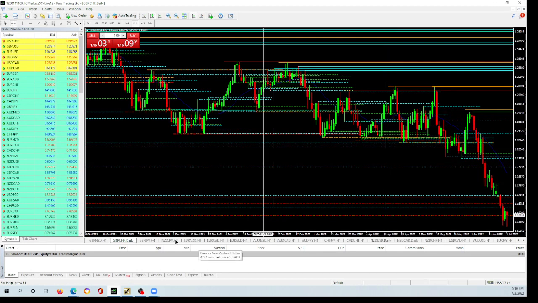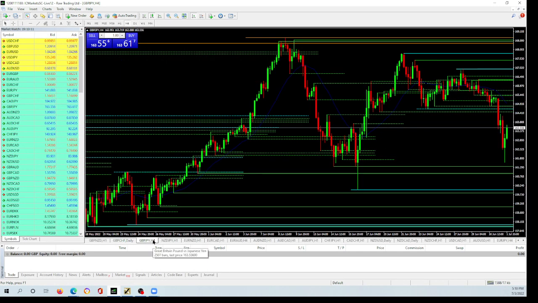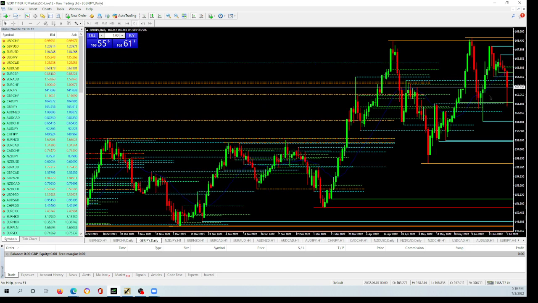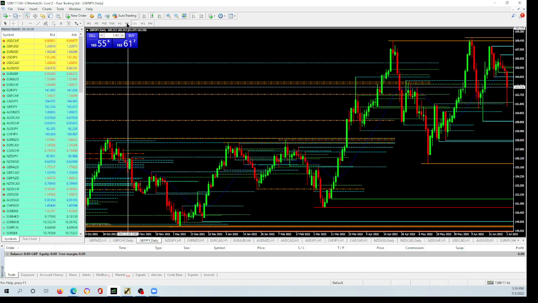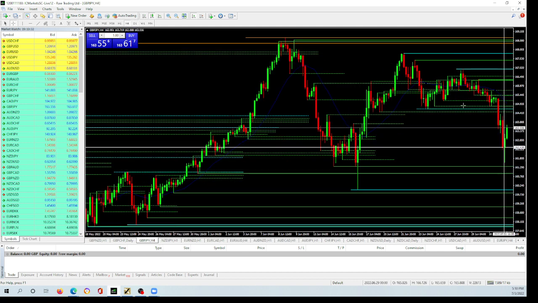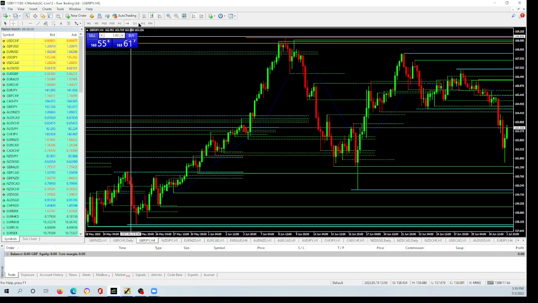Let me look at the pound. You can see this was also making another move. Here, this JPY, probably we still have another move down, because if you look at the daily, once we close in below here, the market will still come down again. We will have a retest.